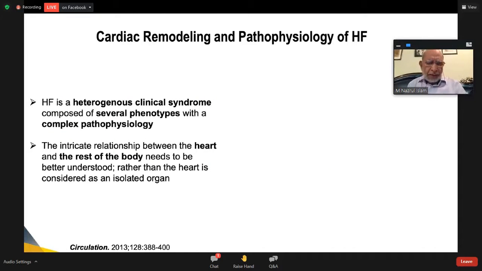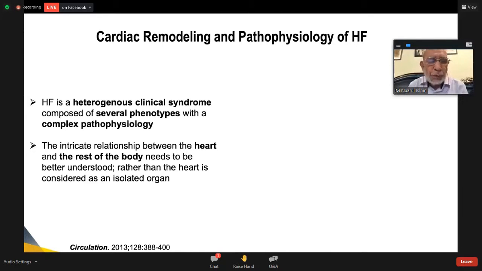The basic thing we should understand about treatment is cardiac remodeling and pathophysiology. In short, this is a heterogeneous clinical syndrome with several types of phenotypes and a very complex pathophysiology. Another thing to remember is that heart failure is not only a disease of the heart, but has an integrated relationship with the rest of the body.